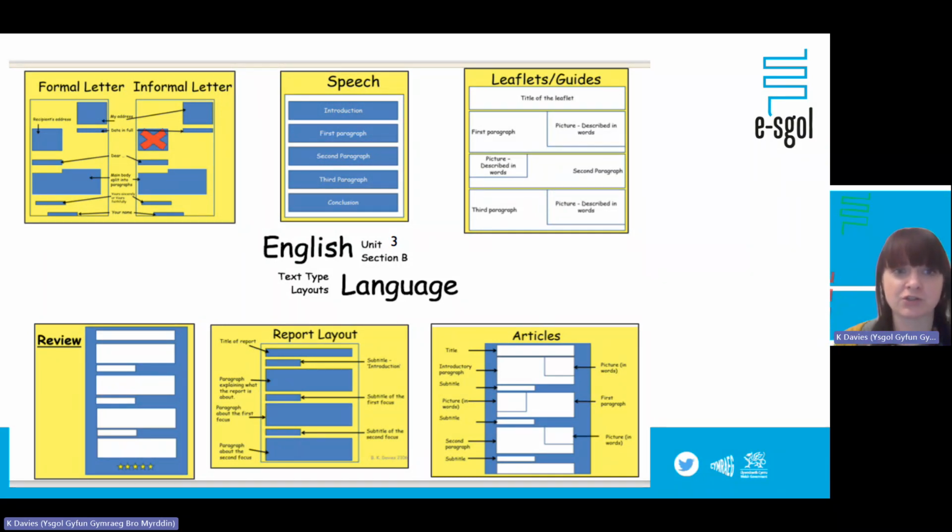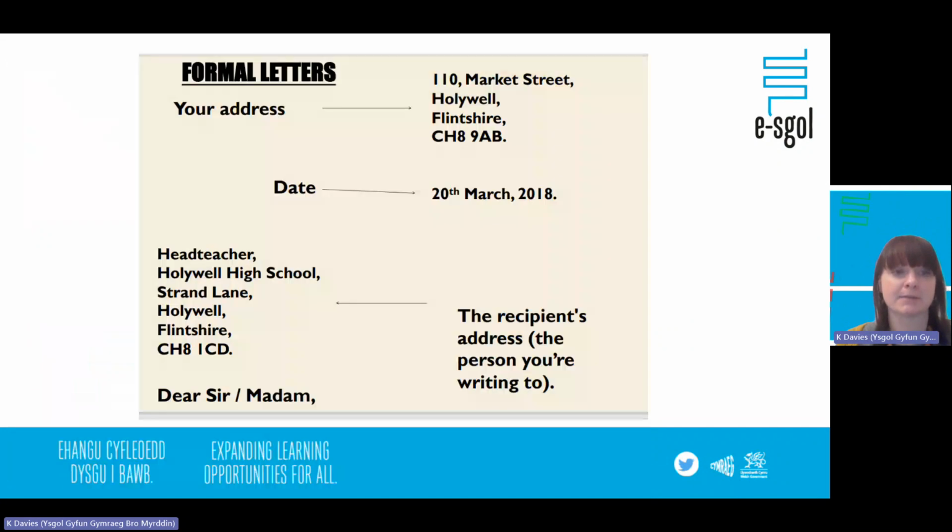So you've got your introductory section, and then you've got your subheadings that run through the report. Remembering though that this is a lot more formal than the other. And then articles. So you've got your title, your introductory paragraph, your subtitles. You may have some pictures, again, developed and organised, okay? So that's what it may potentially look like, okay?